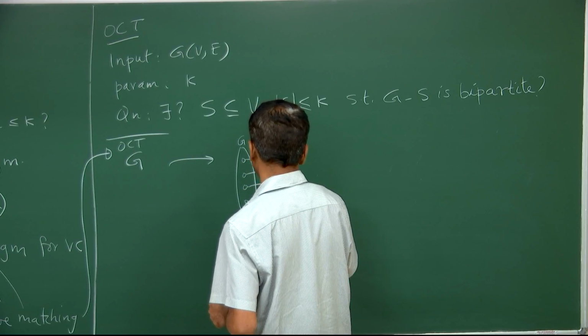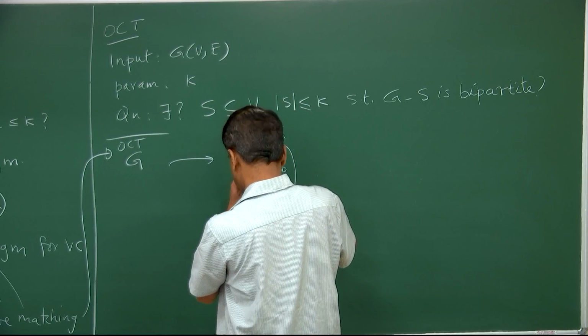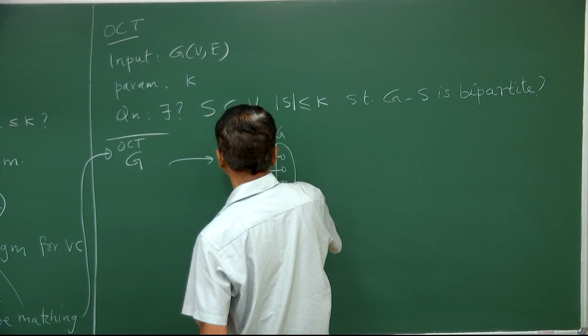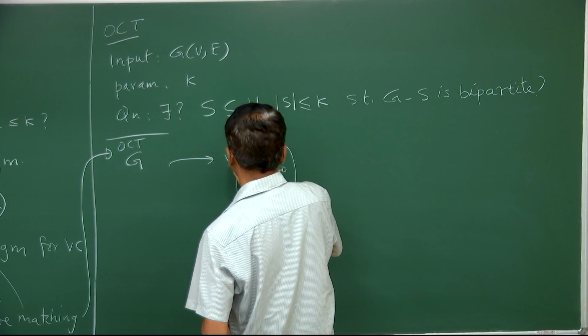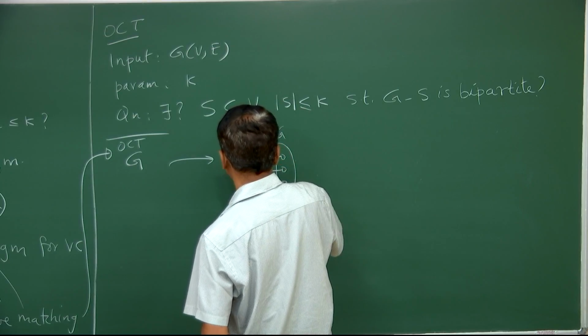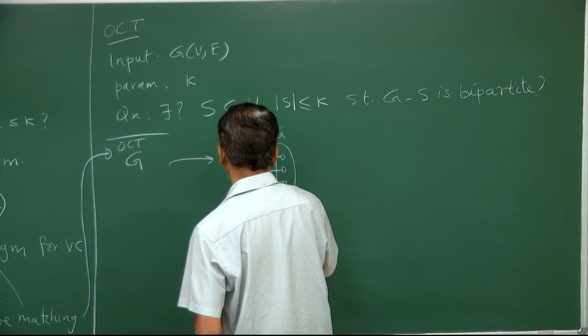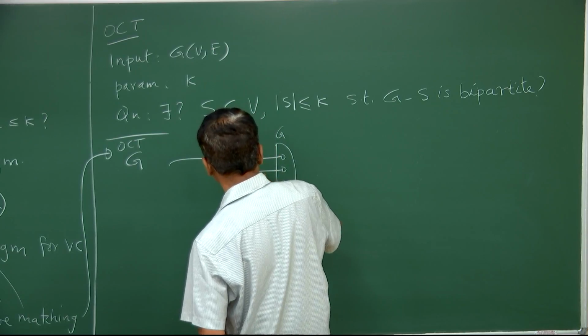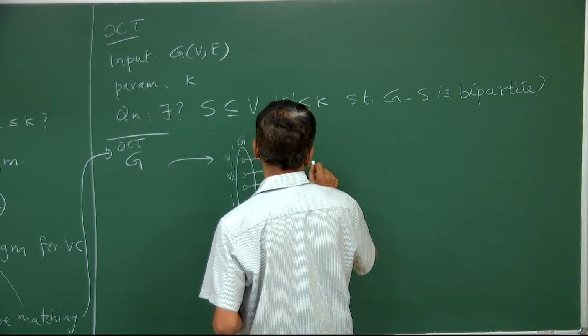So my vertices are V1, V2 up to Vn, or V11, V12, V22.